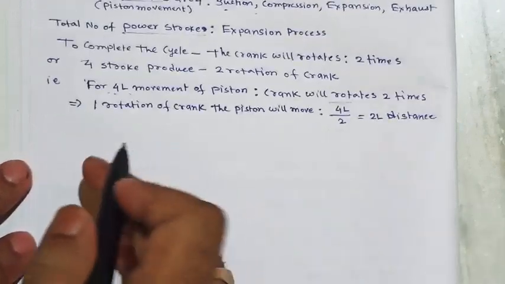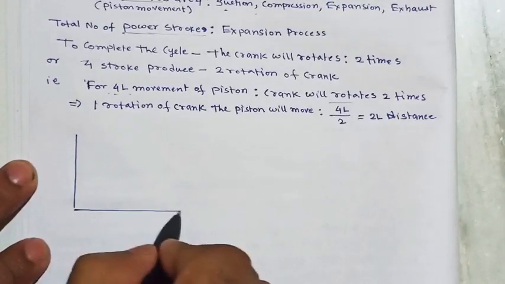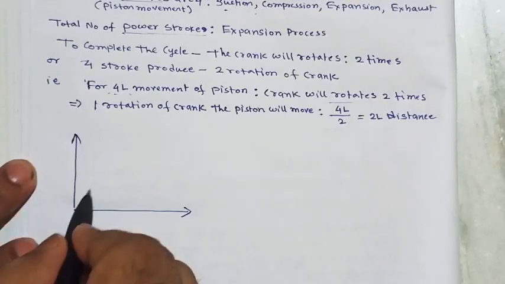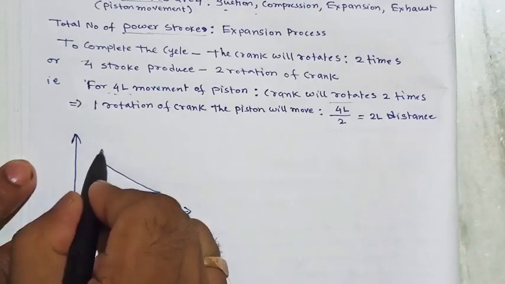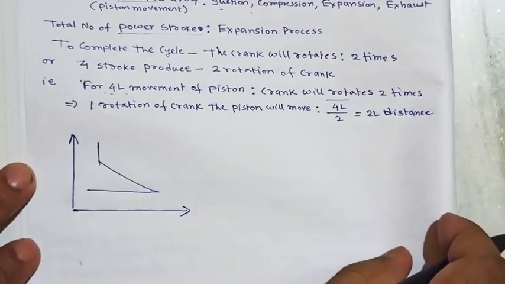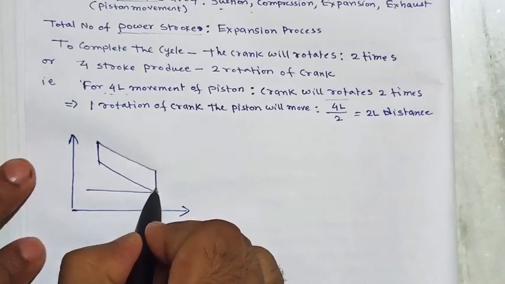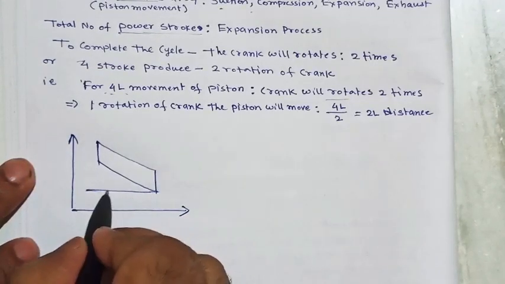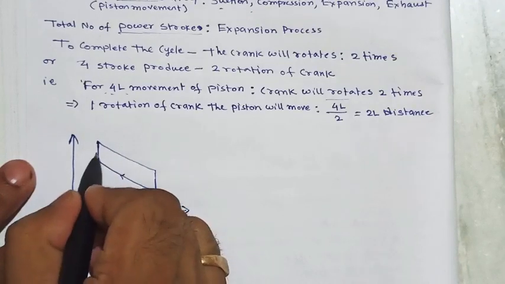Actually, this is the ideal cycle of a 4-stroke engine, which looks like that. This is the compression process, this is the combustion process, this is the expansion process, the heat rejection process, and this is the exhaust process.